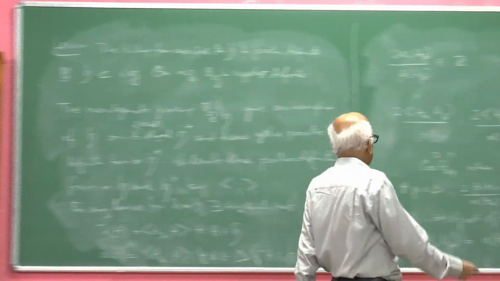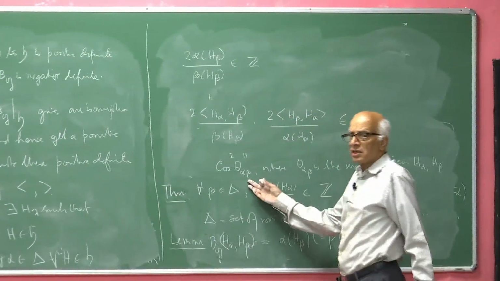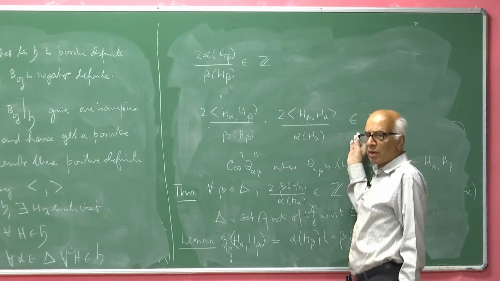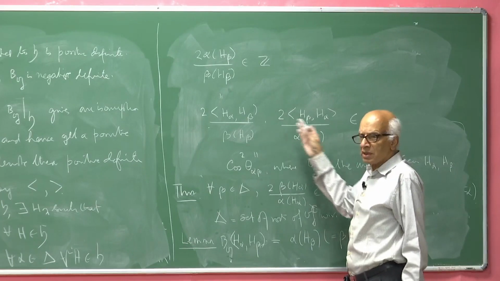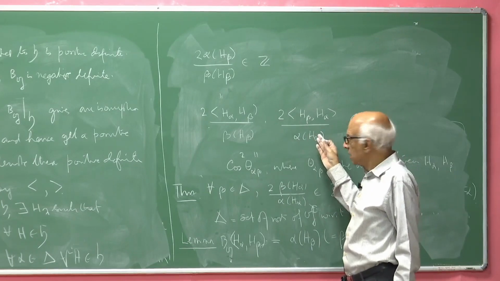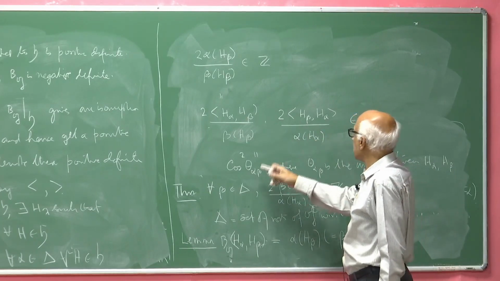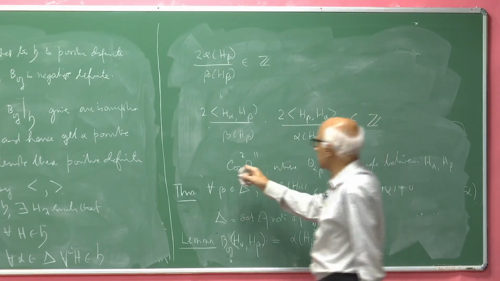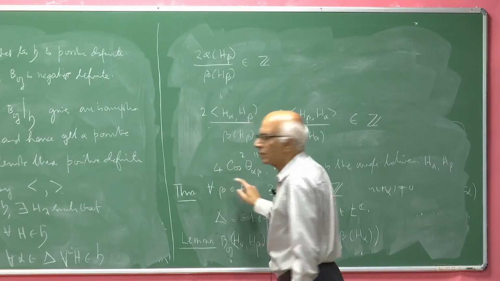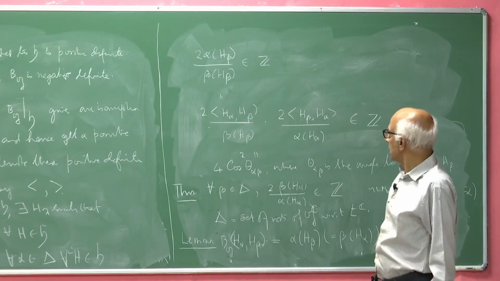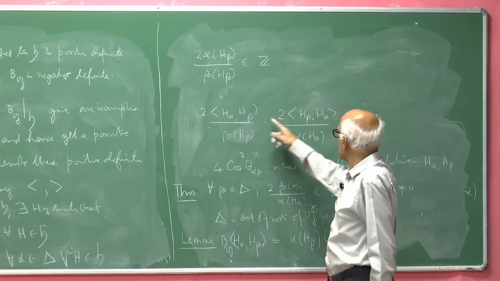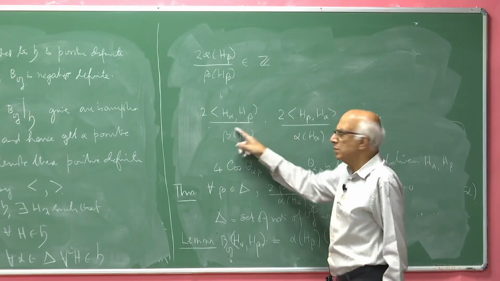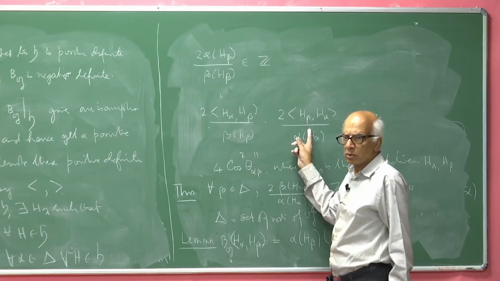And this tells you something. This number cos square theta is less than or equal to 1. So this product, 4 cos square theta, is less than or equal to 4, which means each individual factor must be less than or equal to 4.